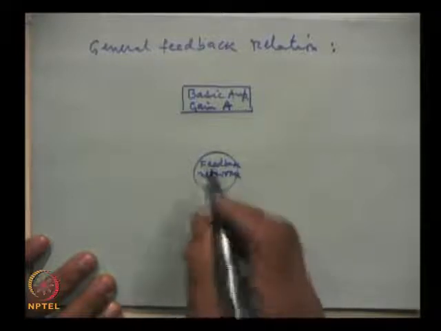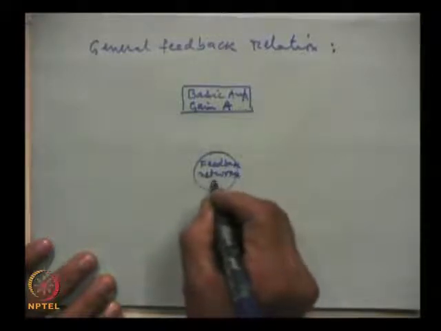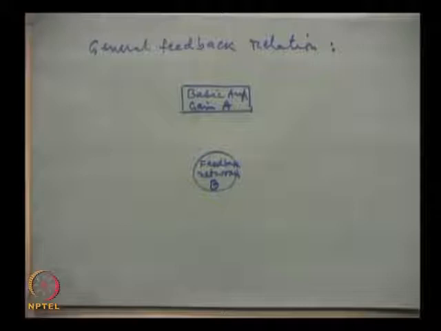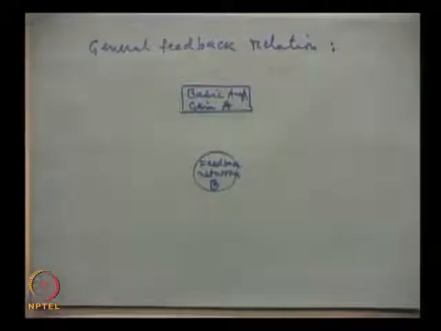Having gain B, the feedback network. Don't be afraid, it is not a complicated network. The feedback network will contain mostly one or two additional resistances in the circuit to incorporate the negative feedback to meet your requirement.